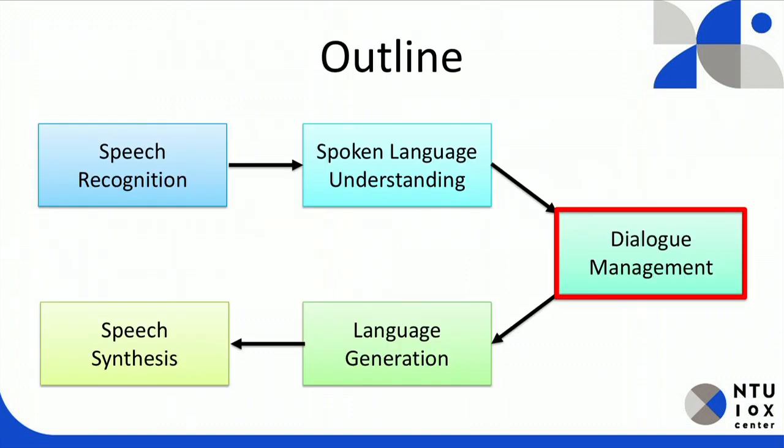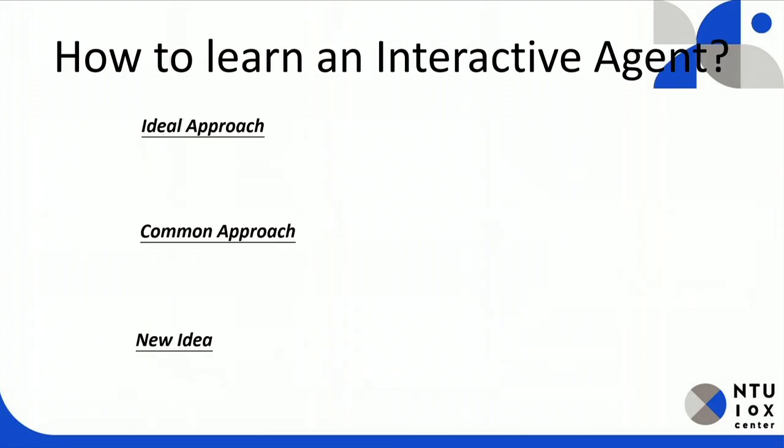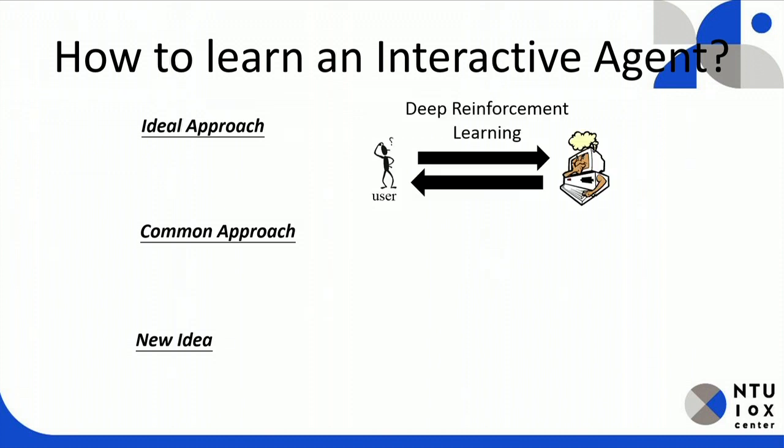So besides spoken language understanding, I'm also going to talk about dialogue management. After the machine can understand the spoken content, it has to decide which action it should take to interact with the human. This is dialogue management. I'm not going to go through the details of dialogue management, but everyone probably knows that to learn a dialogue manager, a very typical approach is to use deep reinforcement learning.